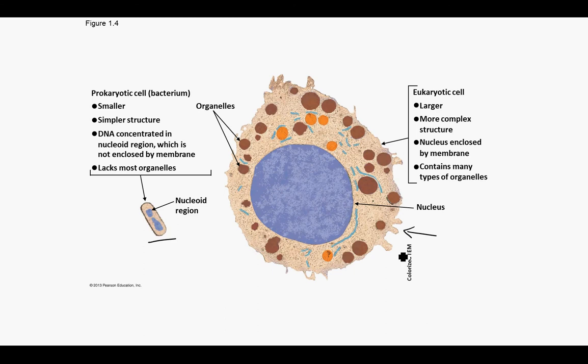Now, not all single-celled organisms are prokaryotic. We do have examples of organisms that have just a single eukaryotic cell. Many plant algae are examples of a single-celled eukaryotic organism. But all prokaryotic organisms do have just a single cell, and examples are bacteria.